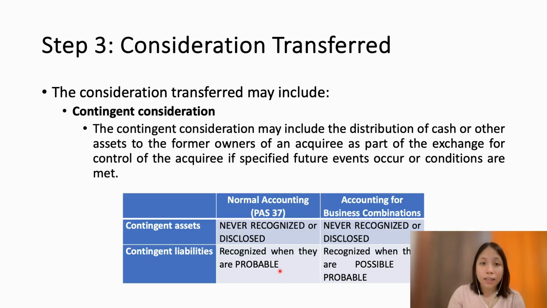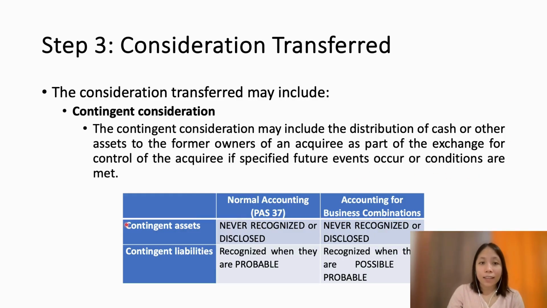On the other hand, under accounting for business combinations, we can already recognize contingent liabilities even if they are only possible, meaning 50% or less likelihood of becoming payable. With respect to contingent assets, these are assets that are realizable only if a future event occurs or only if a certain condition is met.